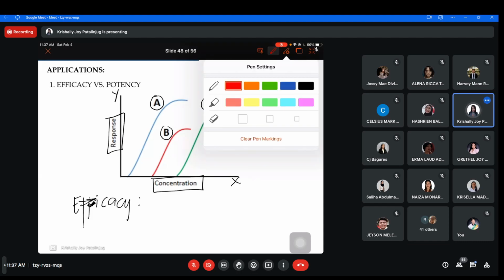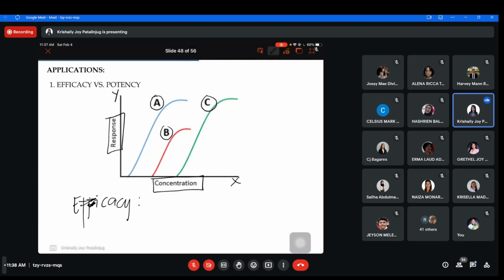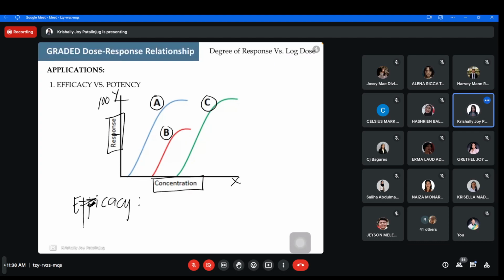You start with drug A. What's the efficacy of drug A here? Di ba? Example, halimbawa, this is 100. Ito naman, yung 50. Ito, of course, 0, the basal. Okay?